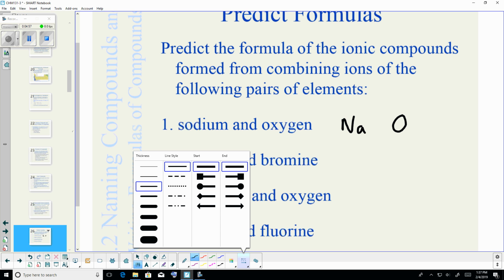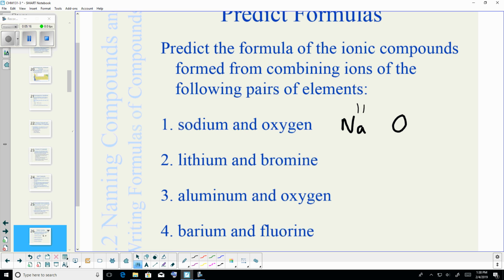What is the charge on sodium? What column is it in? 1, so its charge is going to be positive 1. So I'm going to put a 1 plus here. Oxygen's going to be, you don't do 16, it's column 6, minus 2.